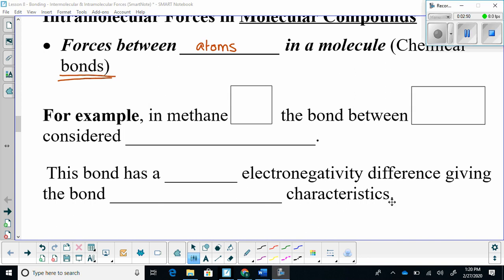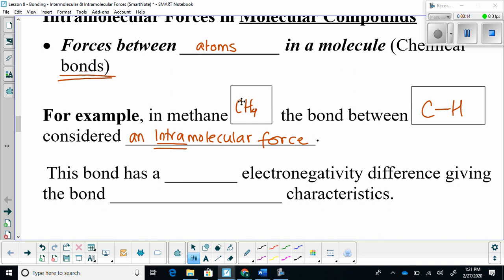For example, in methane, which is CH4, the bond between carbon and hydrogen is considered an intramolecular force.